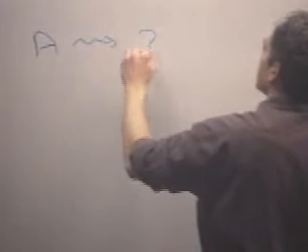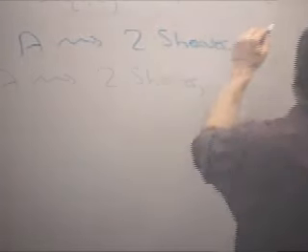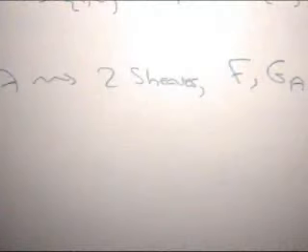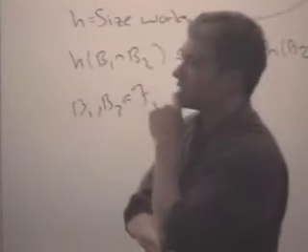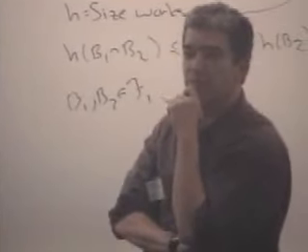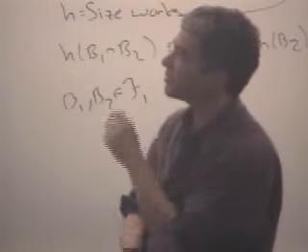Now I'm going to take 2 sheaves. So for A, I will associate 2 sheaves. Call it F and G sub A. The first sheaf won't depend on A. And in fact, it doesn't matter what its arrows are at all. All that matters is what are the dimensions of the vector spaces.